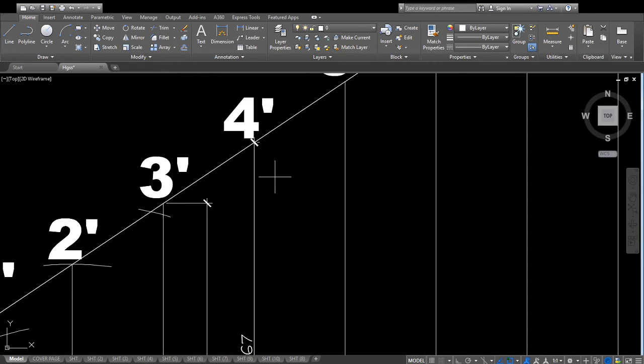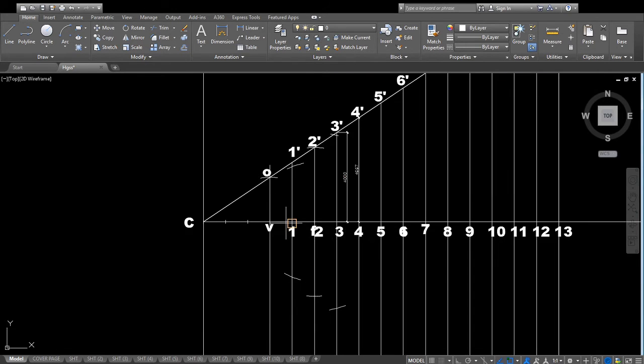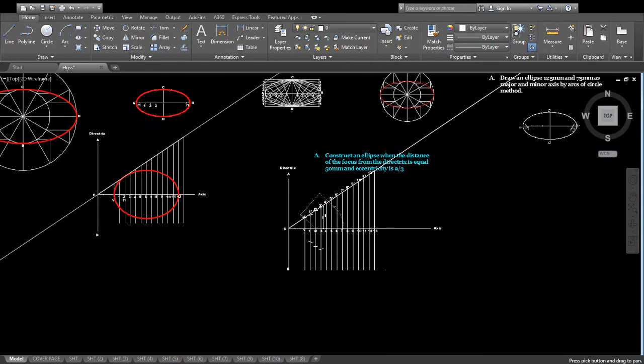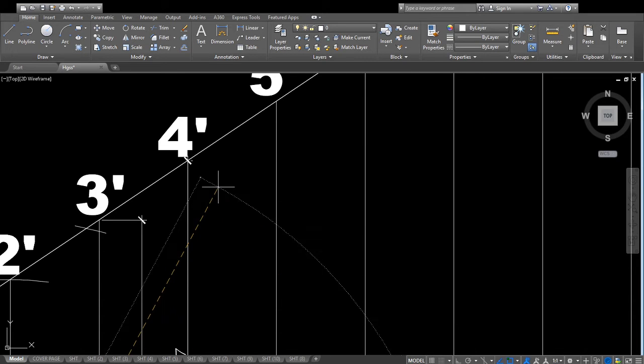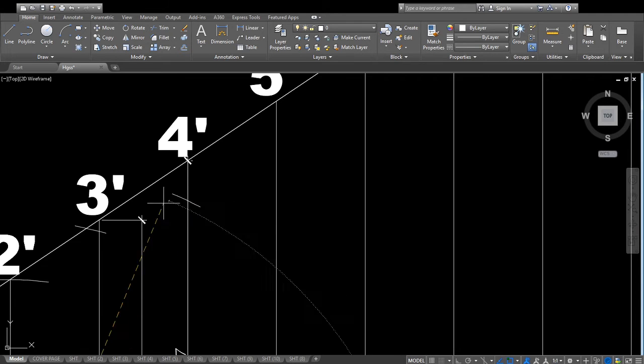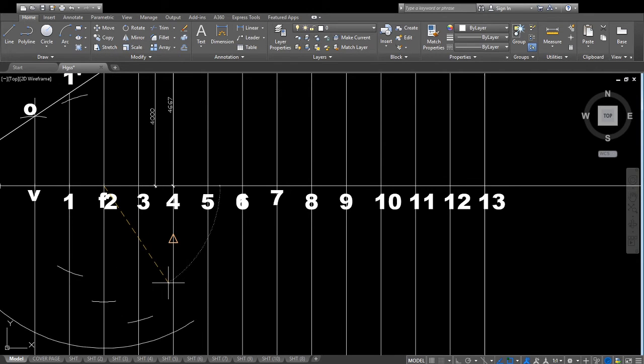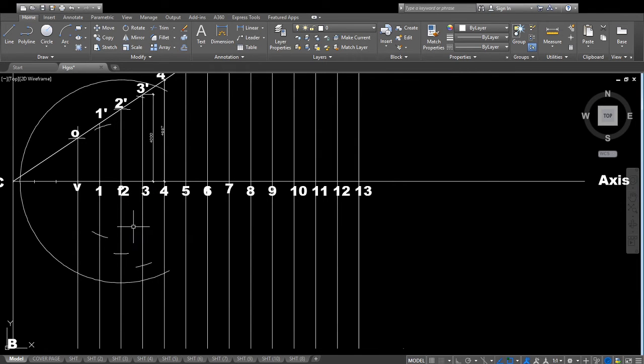Oh, it said invalid. Pick my arc again, come to F, and then input my values. Okay, and I can draw my arc. Let's go and modify this.